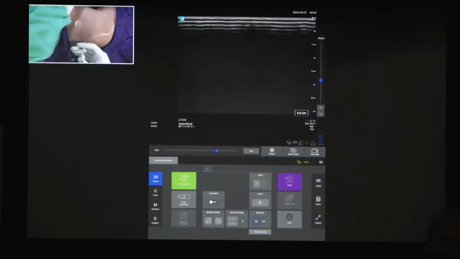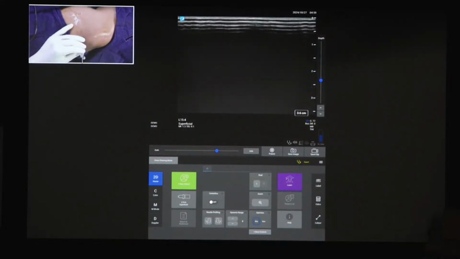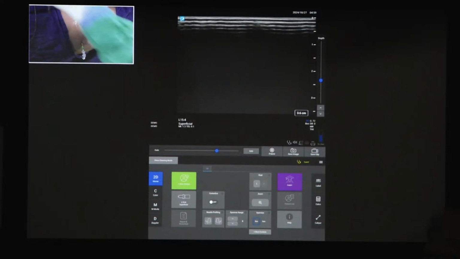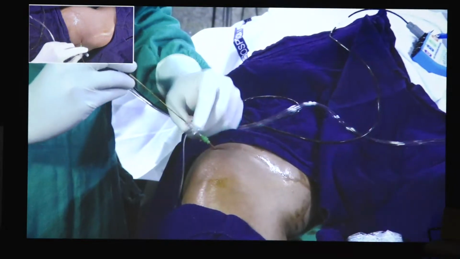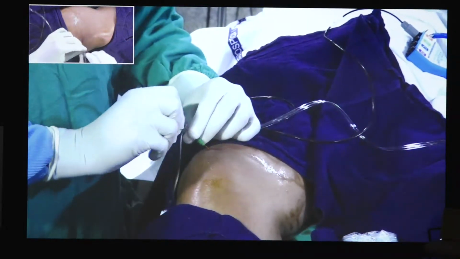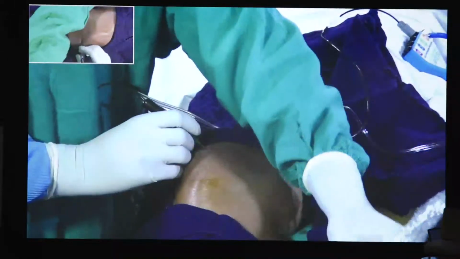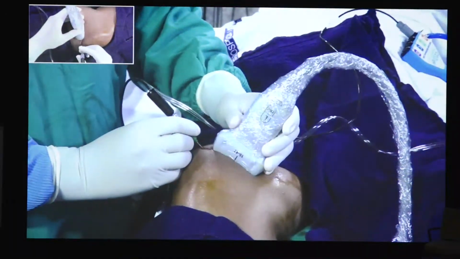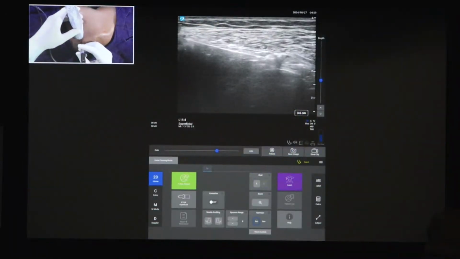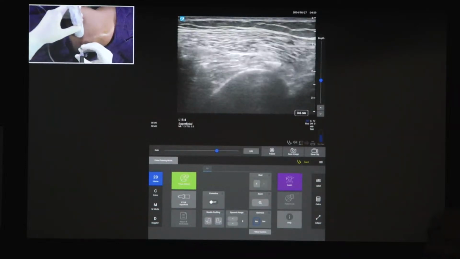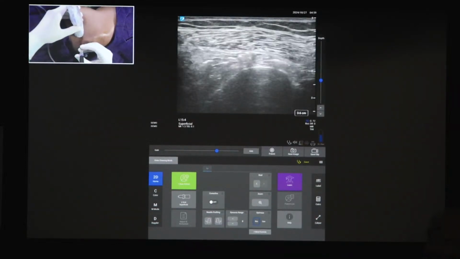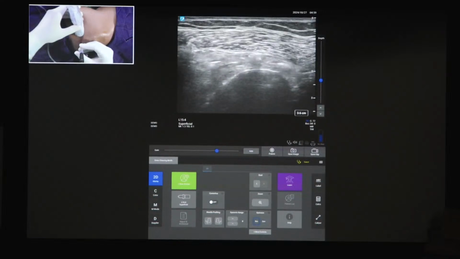Yeah. So now I'm just going to insert the electrode. Check if you are in the center of the shaft. Your probe is. So sometimes you can get this artifact because of the air.